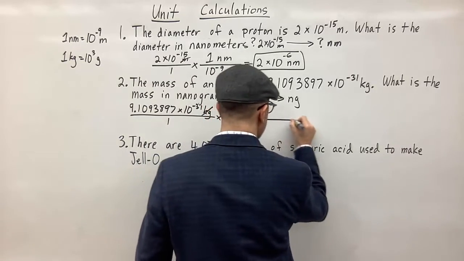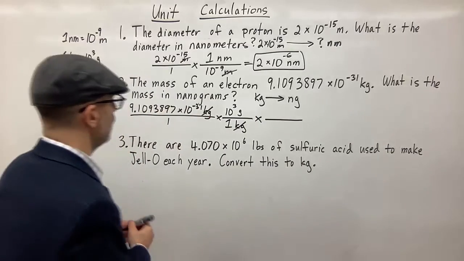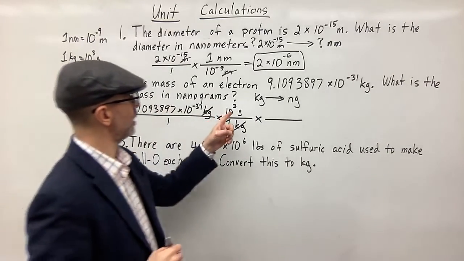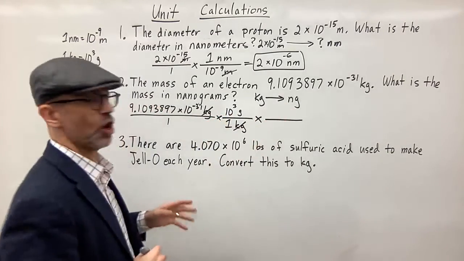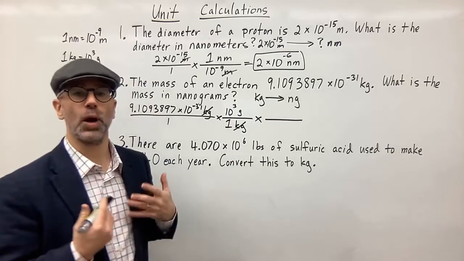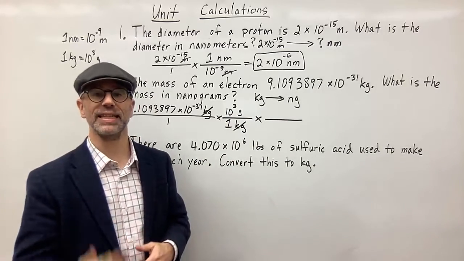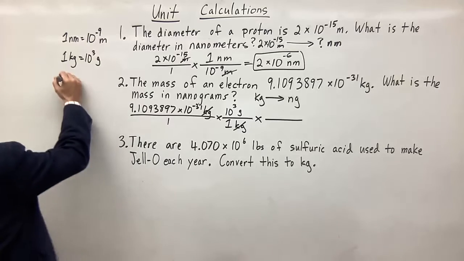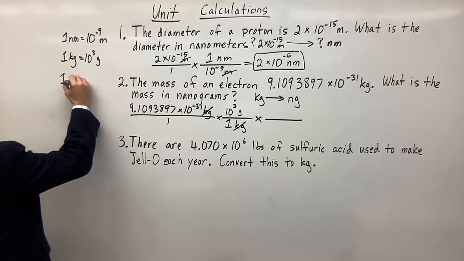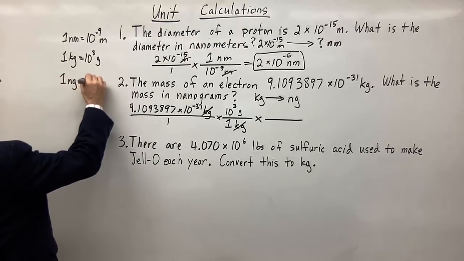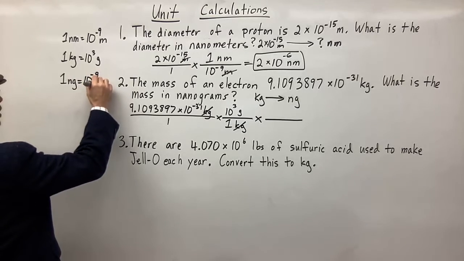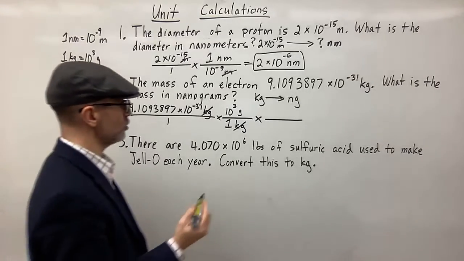Now I need grams to nanograms. So again, nano means 1 billionth, or 10 to the negative 9. So 1 nanogram is equal to 10 to the negative 9 grams. So I can use that.